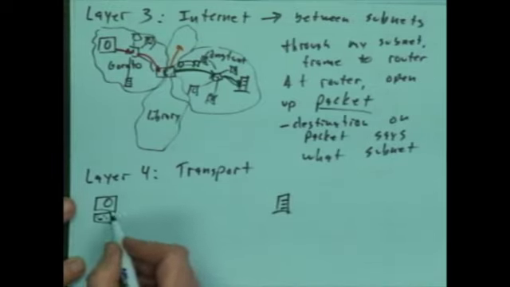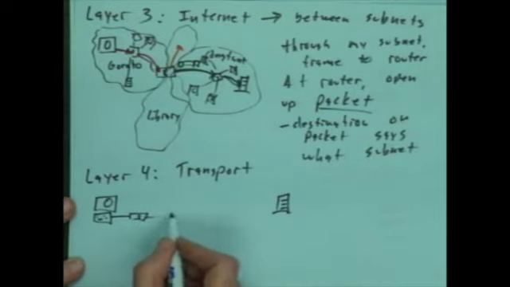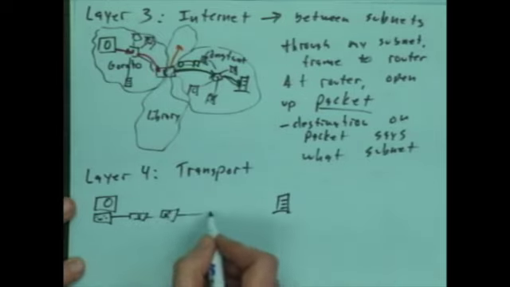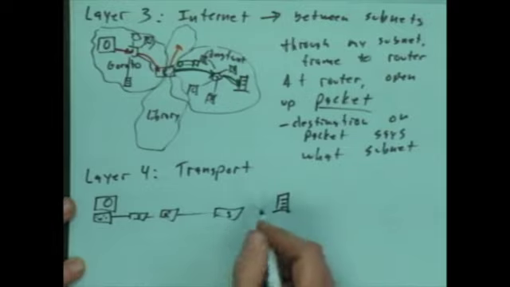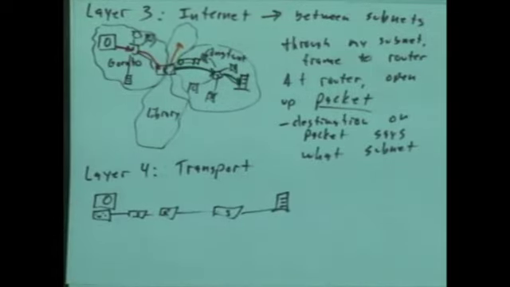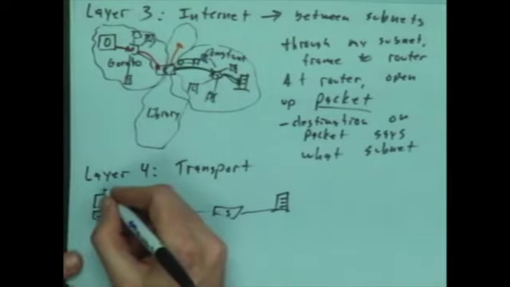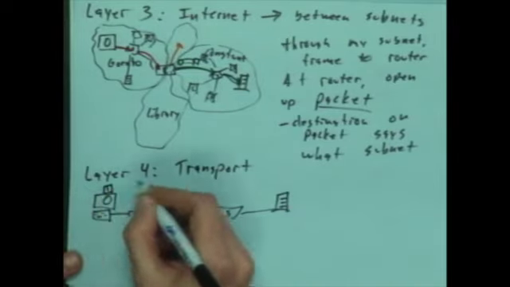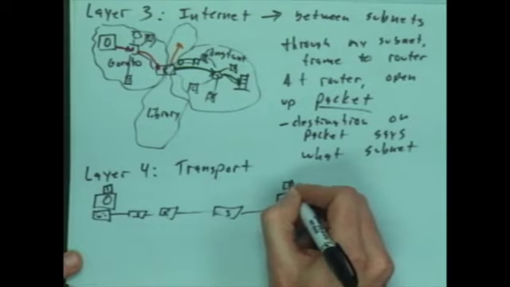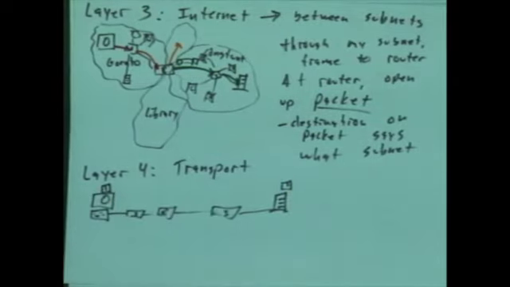And we understand there were physical and switches and routers and more switches, and then we connected to our destination. But layer 4 is what connects me basically to the application. Okay?